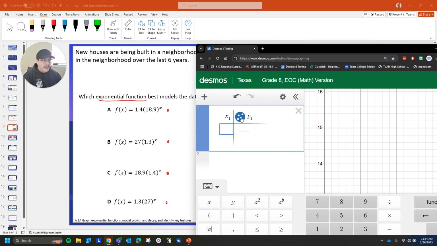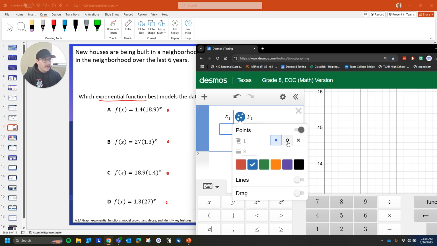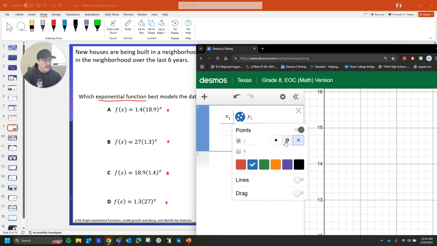If you want to mess with some of the settings, you can click and hold the dots right here. It'll give you some more options on the type of points it creates. The opacity, meaning whether it's a solid line or variably see-through.